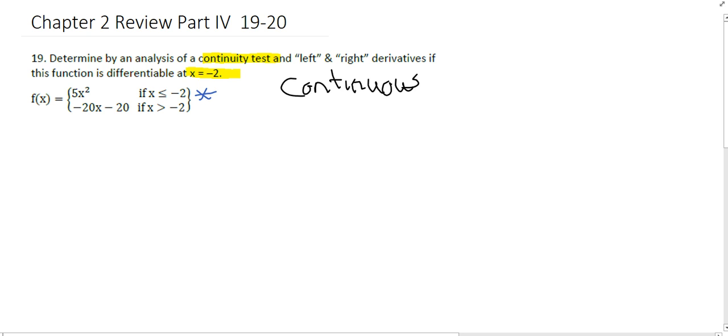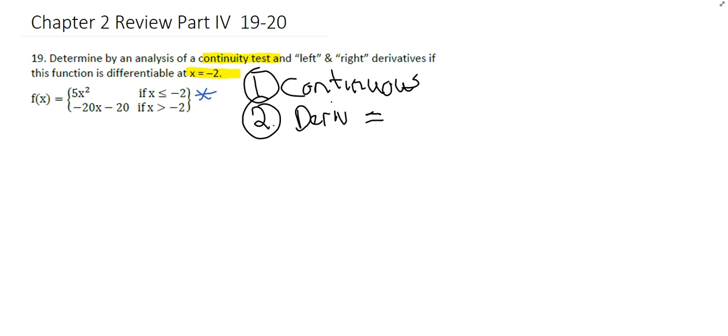So the first step we're going to do is check to see if the function is continuous, and then the next step is to find out what the derivative is equal to at x equals -2. Let me write that a little differently.